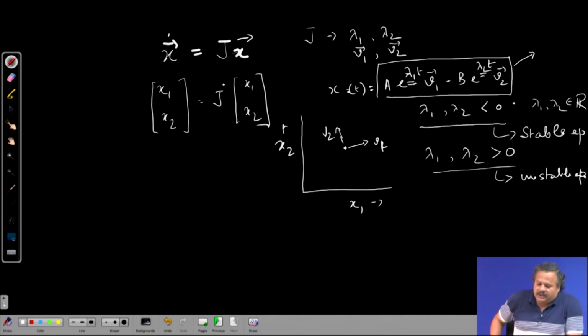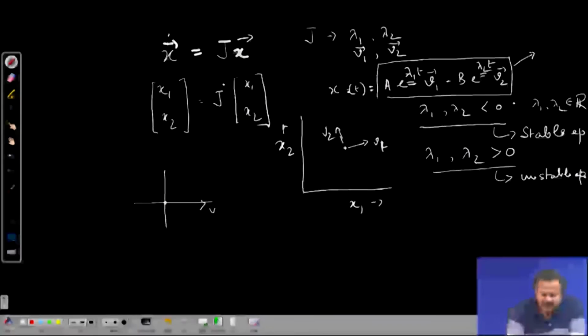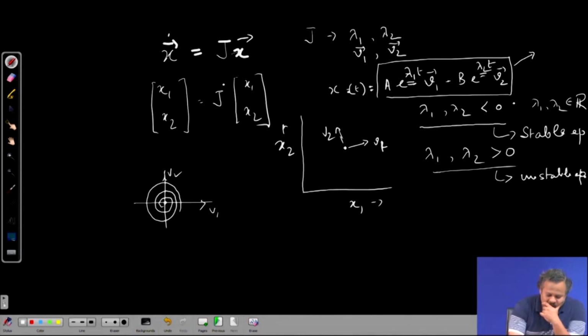Which means that if this is the equilibrium point and this is v 1 and this is v 2, for a stable spiral it is going to go like this and gradually end up in the equilibrium point. So, this is the final direction.